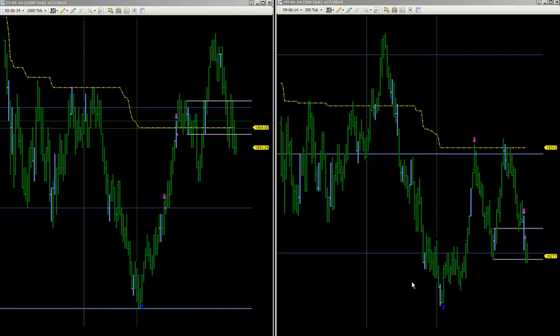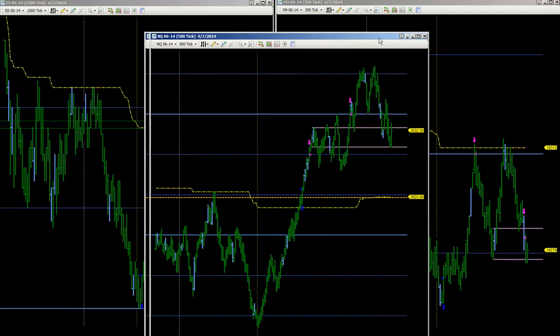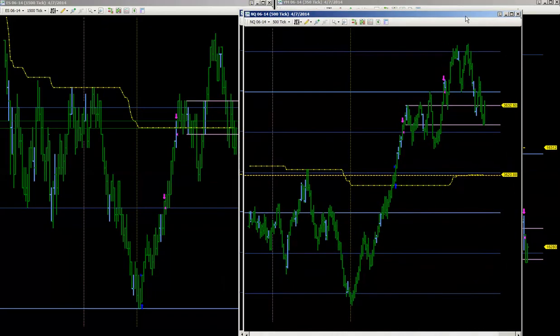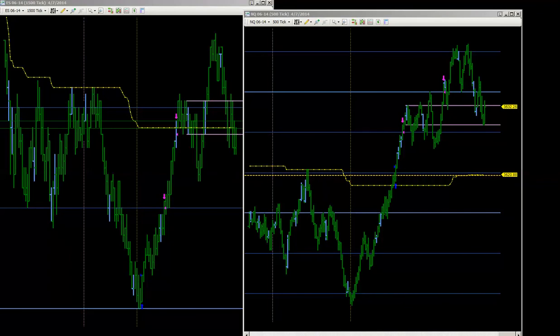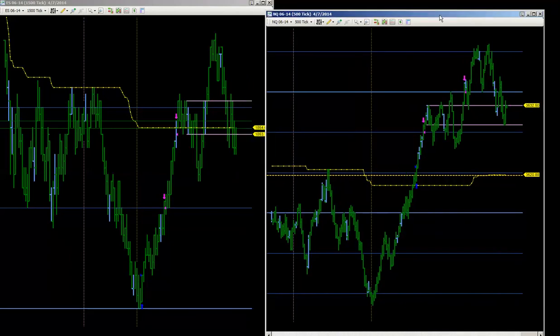Okay, I'm back. It's 10:22 Eastern. My trailing stop got hit here in the YM. I'm still long the ES and the NQ. Let me take this YM chart off here since we're done with it for the day.